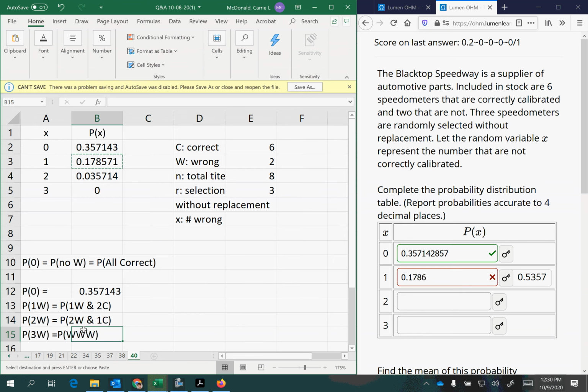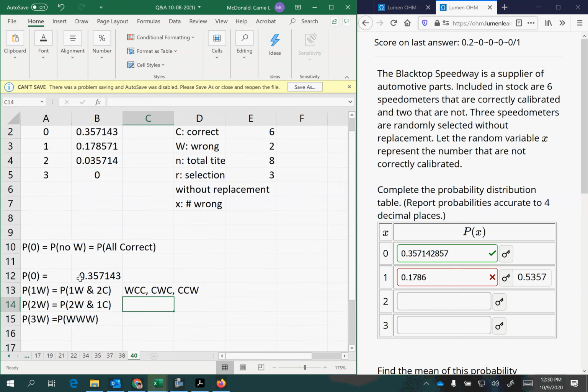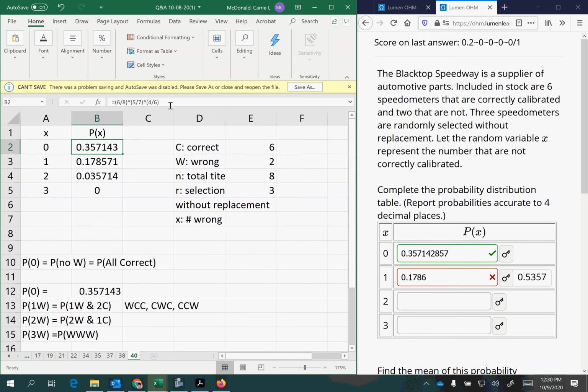Because I didn't consider the fact that I could have 1 wrong. I could have wrong, correct, correct, correct, wrong, correct, or correct, correct, wrong. So there's actually 3. I need to multiply this probability times 3.